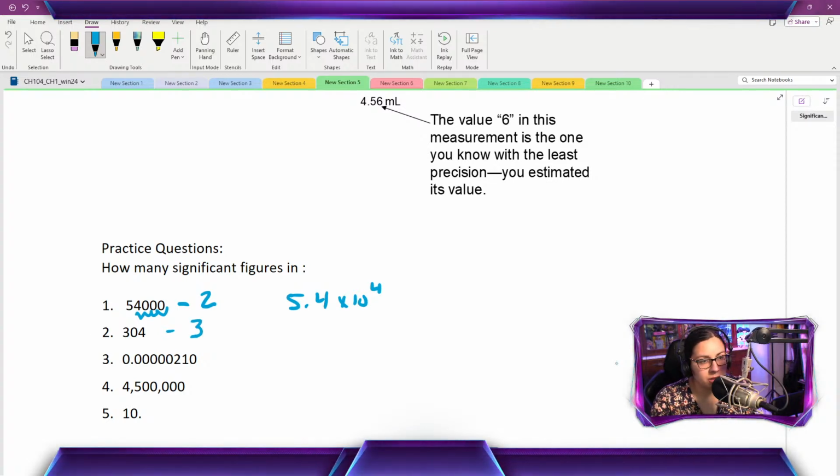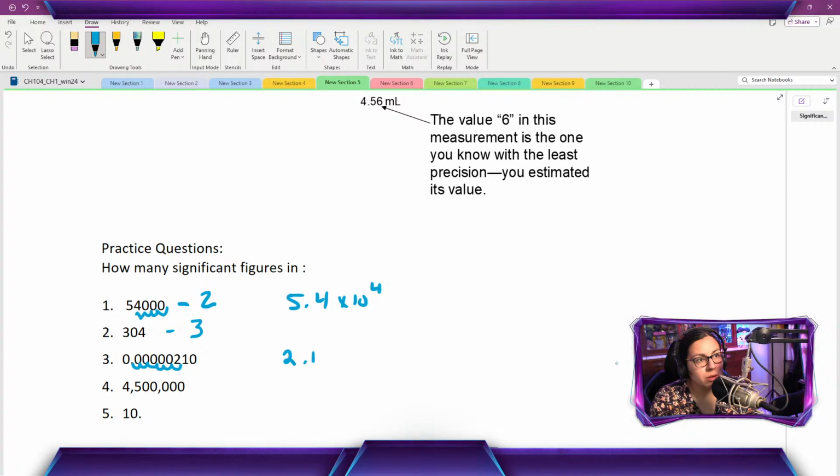So did everyone get 3 for that one? So now let's try number 3. What do we get? And this would be a good one to rewrite in scientific notation. And so if we do that, so 1, 2, 3, 4, 5, 6.